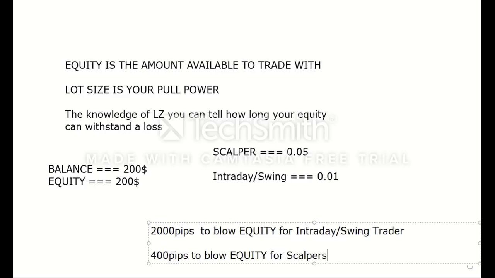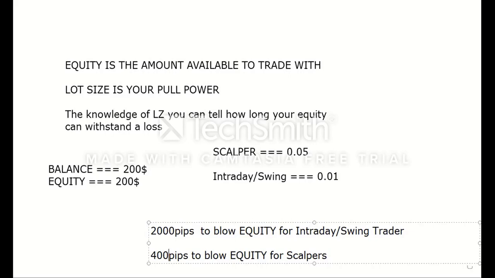Sticking to this lot size, 0.05 on a $200 account for a scalper, since they are in the market on a short-term goal to take what they can and zoom off, it will take you losing 400 pips to blow your $200. For an intraday and swing trader, it would take 2,000 pips to blow your equity. So don't let me get you confused, let me say this again.